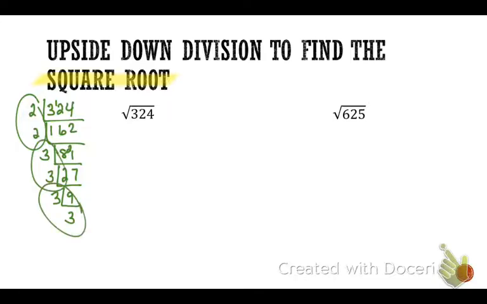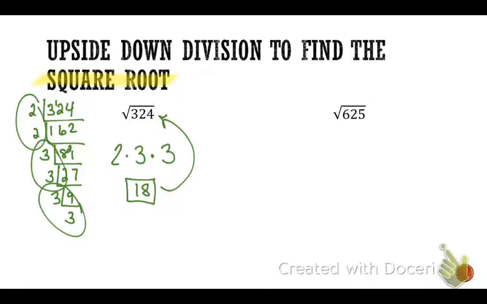And I've got one more pair of 3s. So now for each group, I write each pair one time. So I have one group of 2s, so I write 2 times 3 times 3. What is 2 times 3? 6. What is 6 times 3? 18. 18 is the square root of 324.